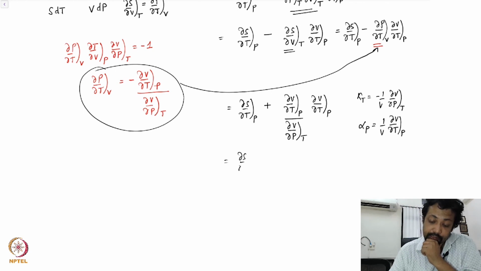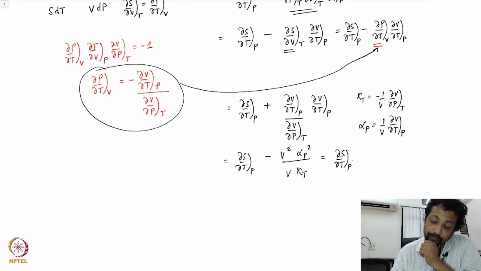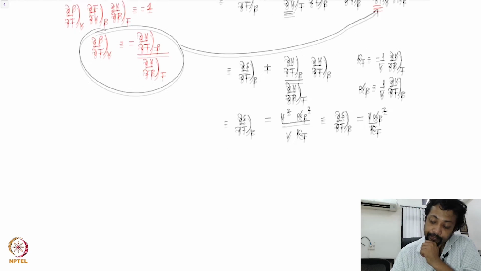So this is del S del T at constant pressure minus V squared alpha P squared divided by V kappa T, right? Which is equal to del S del T at constant pressure minus V alpha P squared over kappa T.